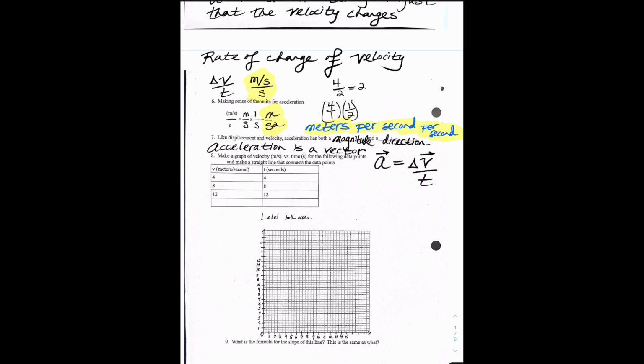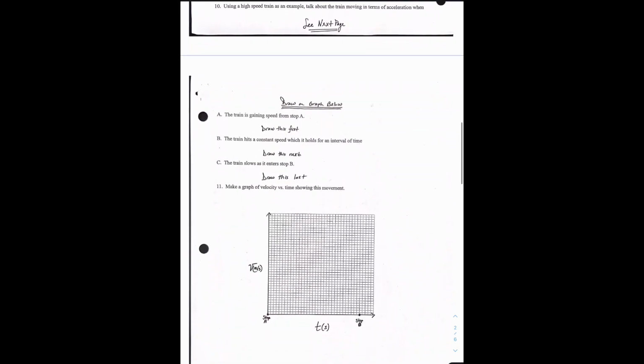So when you're slowing down, you're changing your velocity to the right and you're slowing down, that's the same as accelerating to the left. And that's kind of tricky to think about. We'll come back to that as we get further into this.